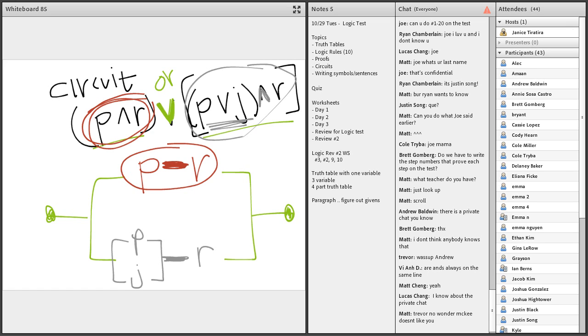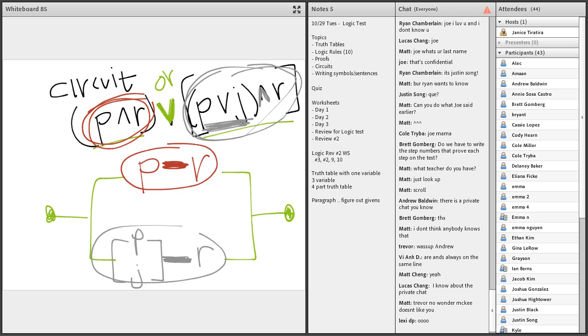The bottom, all of this gray stuff, is an AND situation because there's this right here. But to the left of the AND, we have an OR situation. Okay. All right.